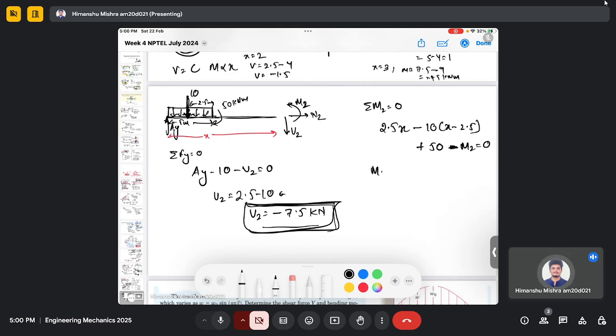So M2 will be 2.5x minus 10x plus 25 plus 50, which is 75. So M2 is minus 7.5x plus 75.